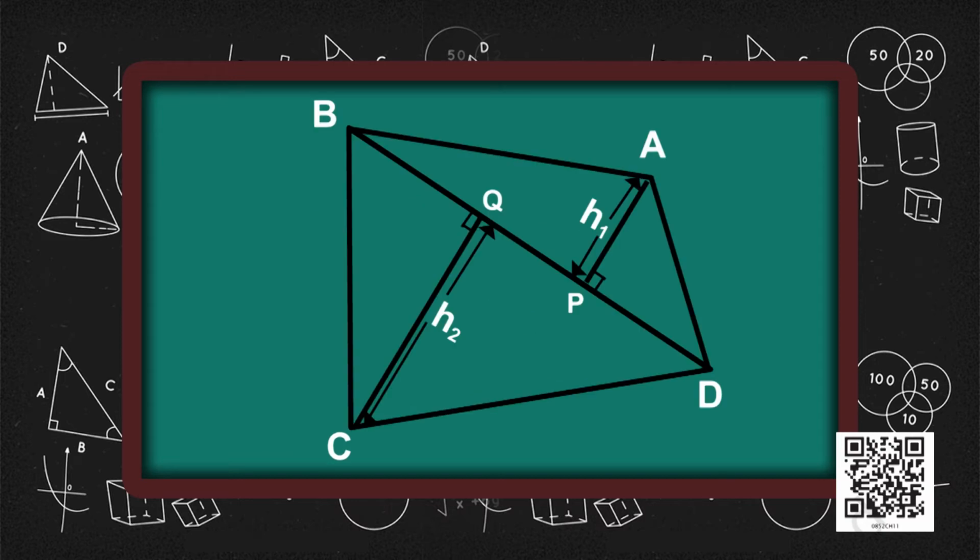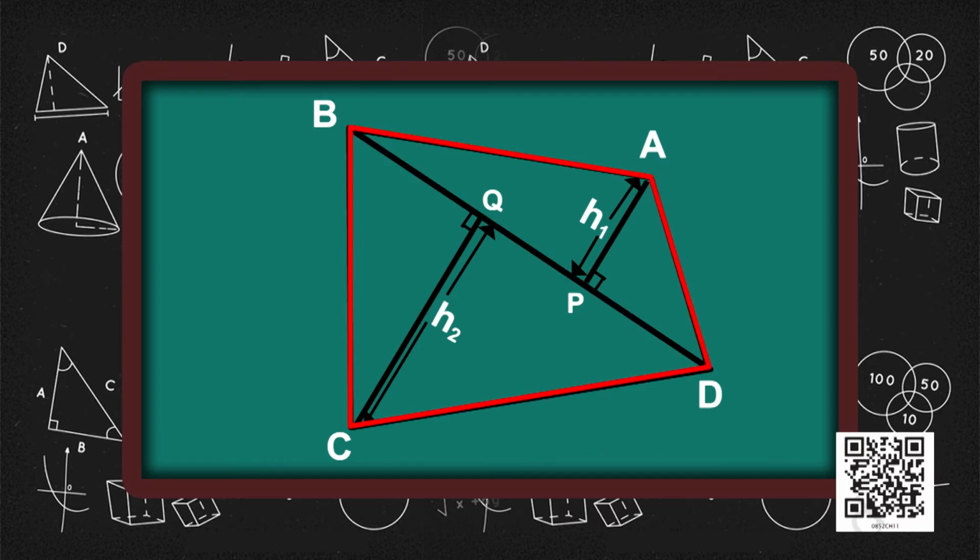To find the area, we need to draw a perpendicular to the base from the opposite vertex, that is AP and CQ are the heights of the triangles ABD and BCD respectively.